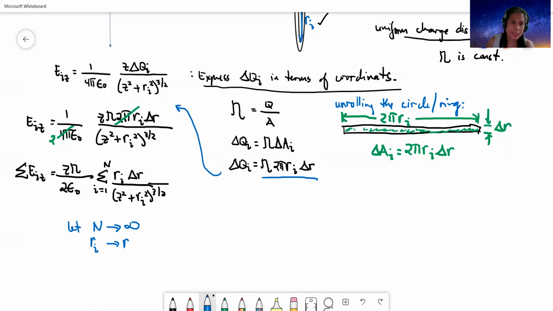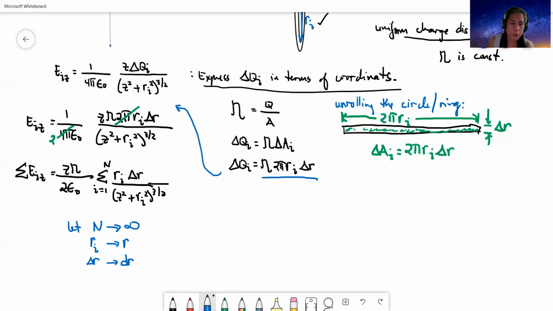And then the strip, that is delta R, the width of the ring, will now become infinitesimally small such that it becomes dr. So we're now transforming symbols.